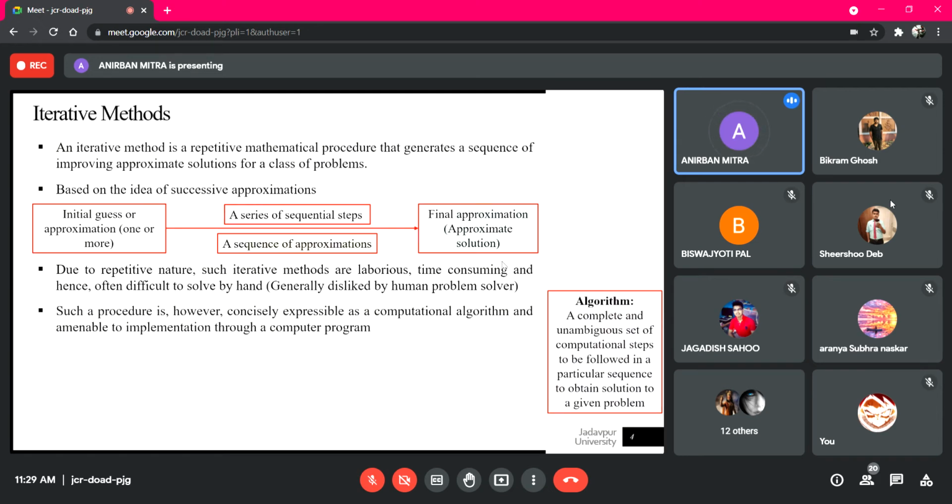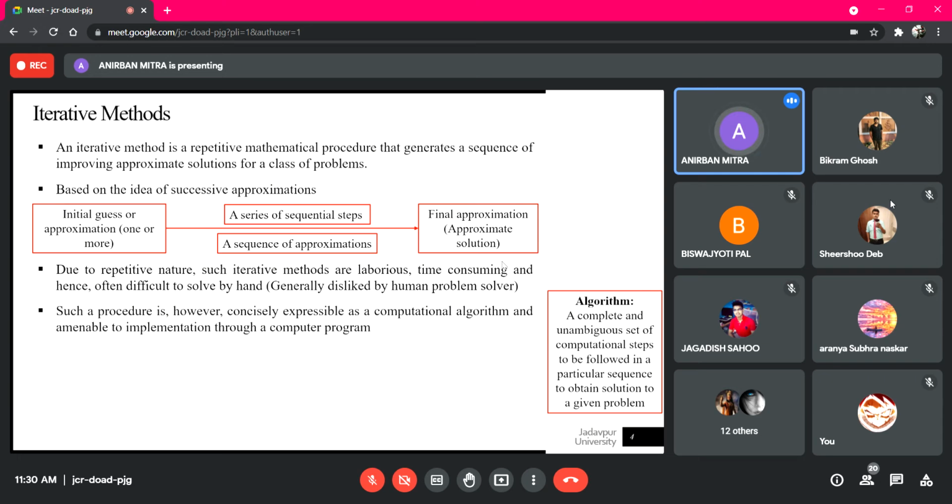If you can convert the general procedure of solving iterative problems to a computational algorithm, then you can obviously develop computer programs on the basis of this, and you can give the task of doing all those calculations to the computer.